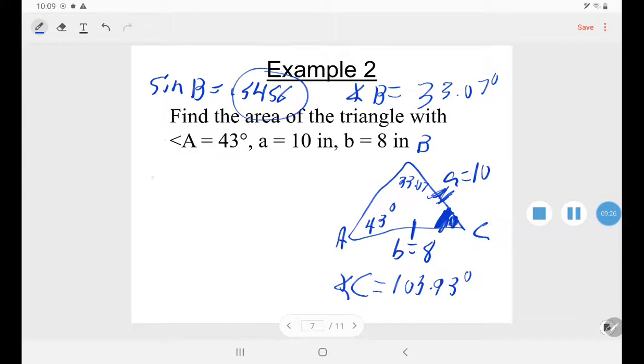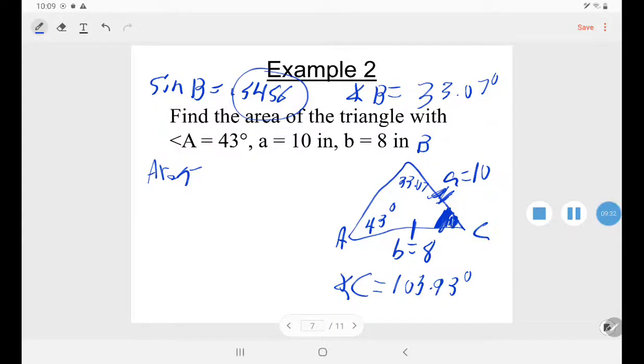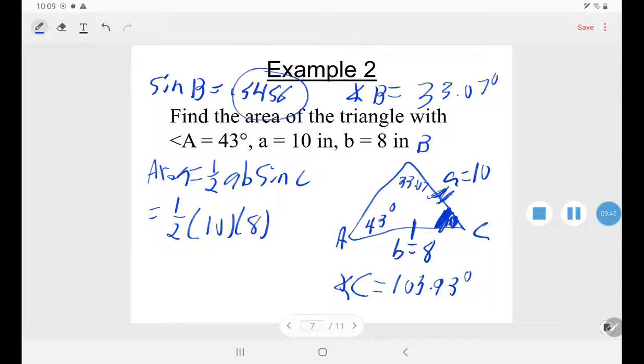So I can use my formula, area equals 1/2 AB sine C, or 1/2 times 10 times 8 times sine 103.93, and let's see what that looks like.